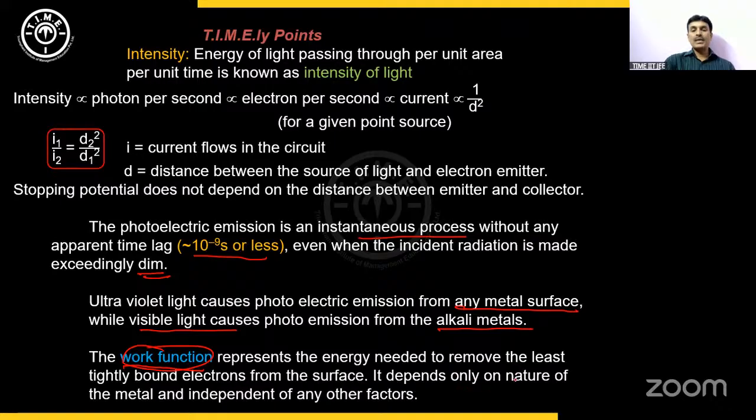It depends only on nature of the metal and is independent of any other factors. Clearly remember, work function phi depends upon the nature of the metal. So different metals will have different work functions. Work function is purely dependent on the nature of the metal. Understood?